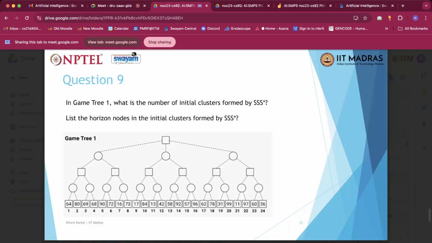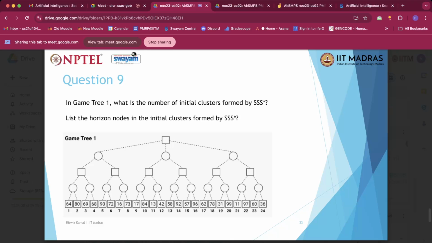Okay, and remember I had mentioned one statement at the beginning of the live session, that there is an exception to how we decide strategies, or the equivalent of strategies, in the case of the SSS star method, right? The difference here is that instead of choosing only one child in case of a max node, here we choose all children of the max node and only one child of the min node.